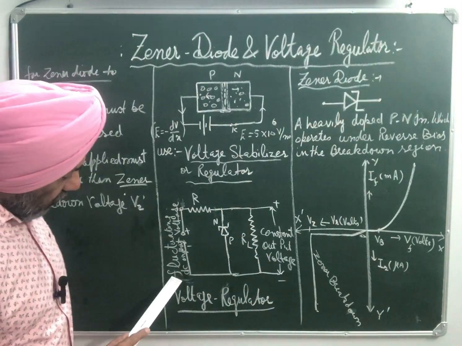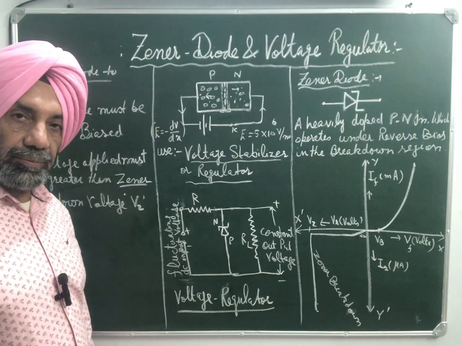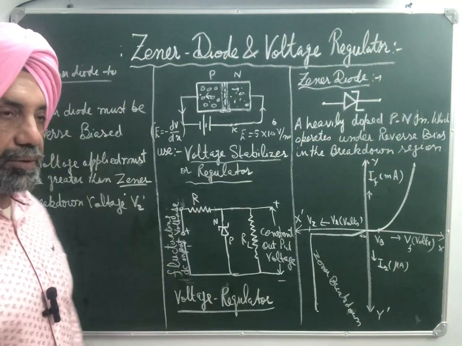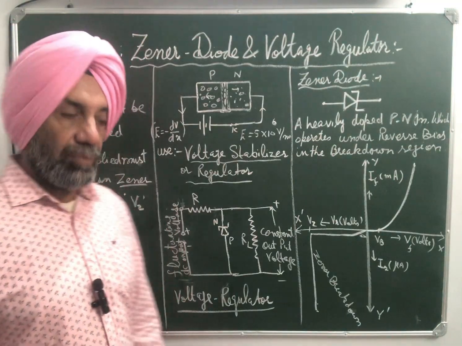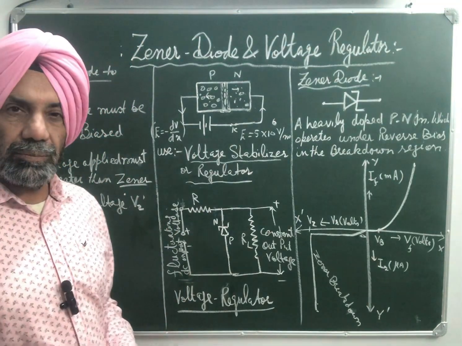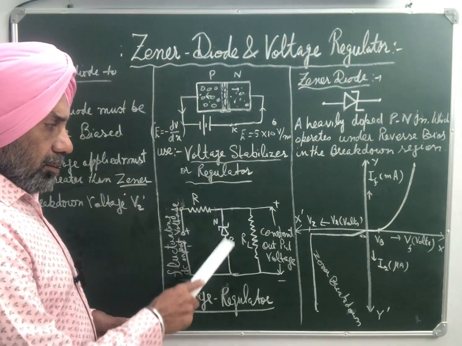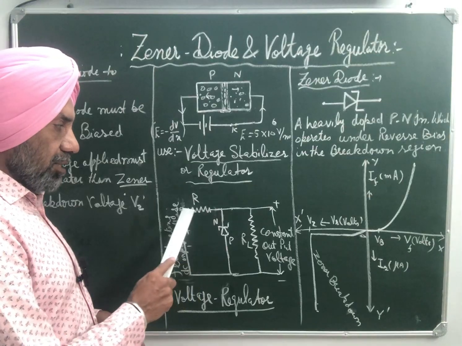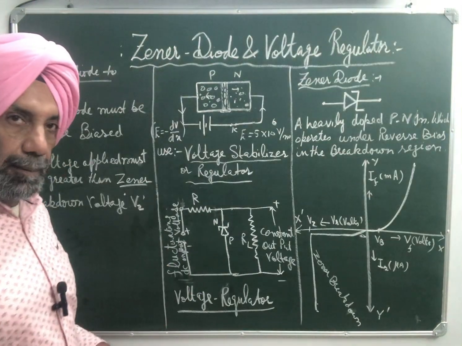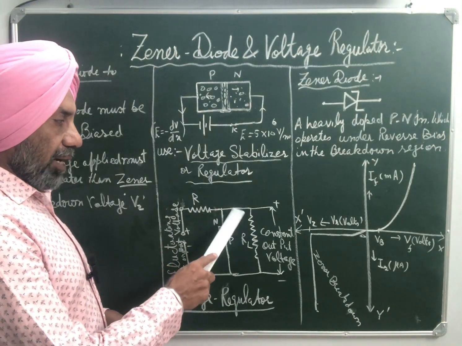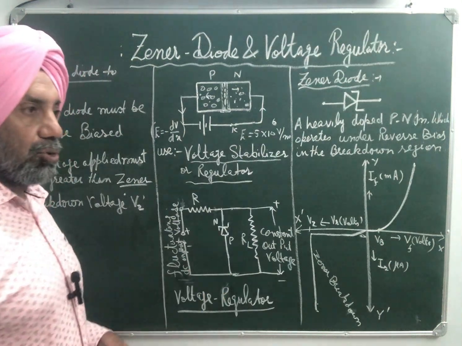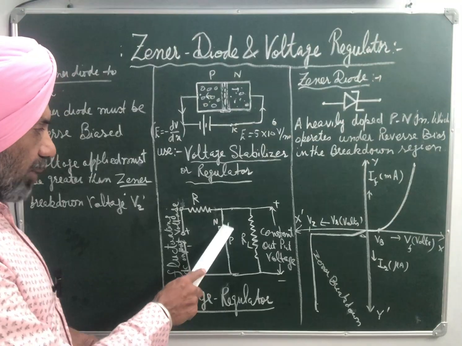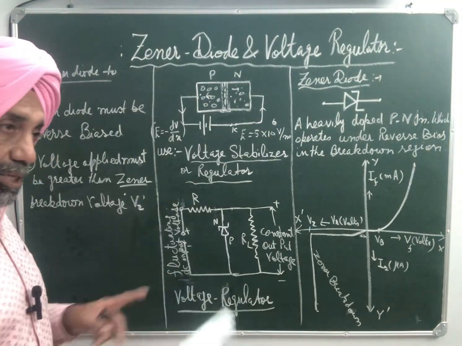When a fluctuating DC input voltage is applied to the input circuit, current starts flowing, a potential difference takes place across R, then some current goes through the load and some current goes through the Zener diode. Zener diode should always be reverse biased.